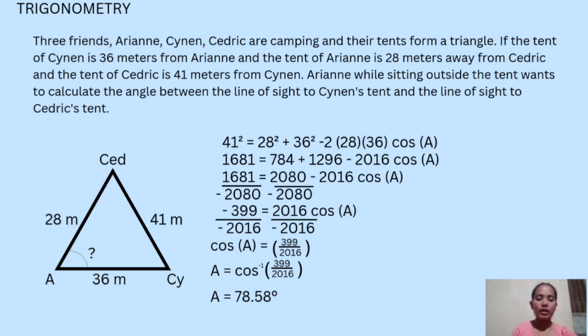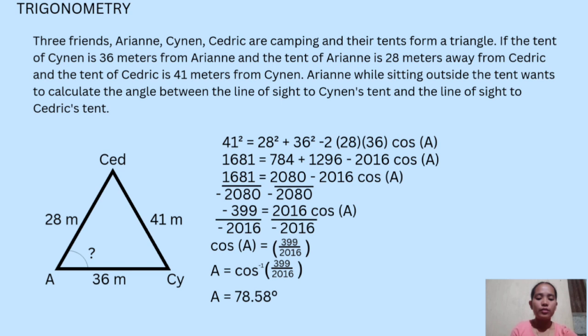So let's solve this again. Basically, we have to find the angle A here. Let's use the cosine law. Listen to my formula and write it down to remember where to put the numbers.